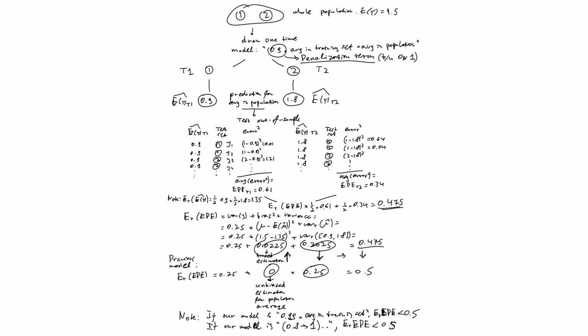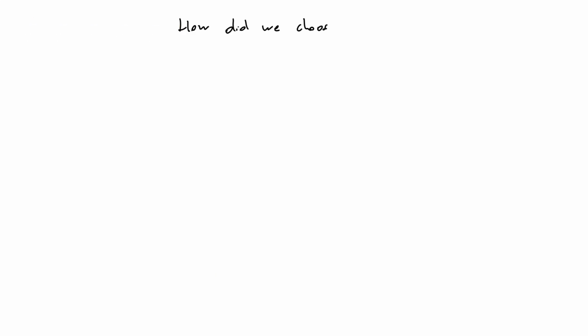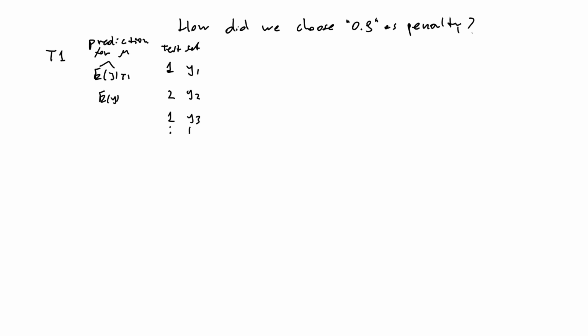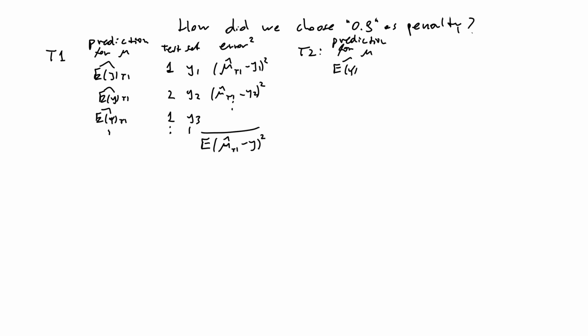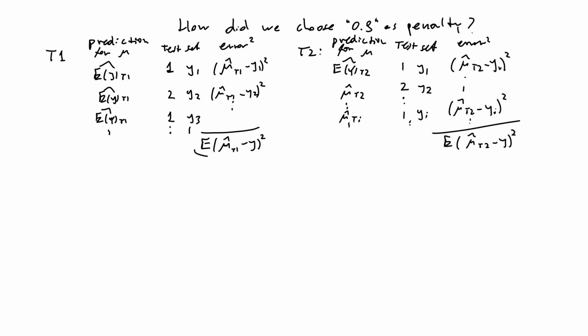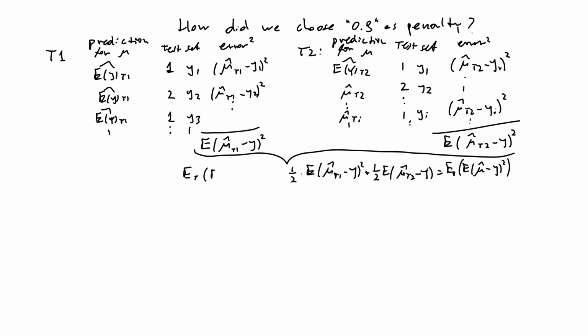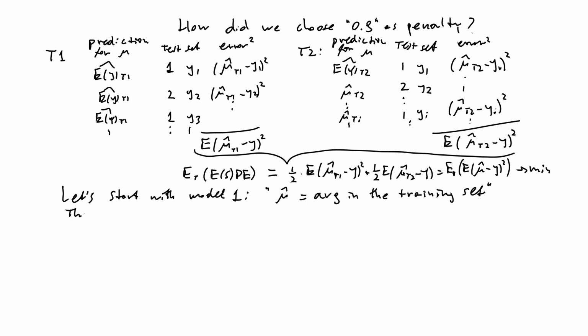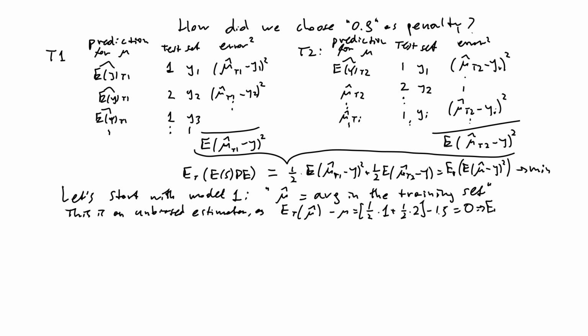So let's see. In general, we have two training sets and we have two estimates for the mean by applying a model. And we have expected prediction error from model 1, expected prediction error from model 2. Let's consider an unbiased estimator, so that the expectation of the prediction for mu is equal to mu, like model 1.